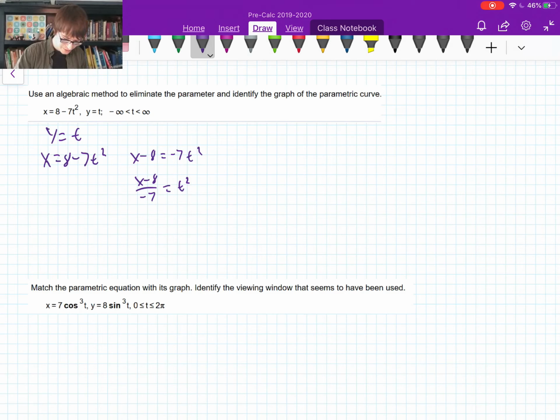Now we know that that is t. We can go ahead and plug that into our y equals. So y equals plus or minus the square root of x minus 8 divided by negative 7. Okay, so that looks a little bit weird. I'm trying to figure out what kind of curve that is. Is that a line?